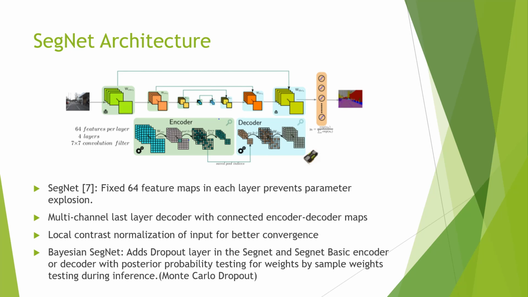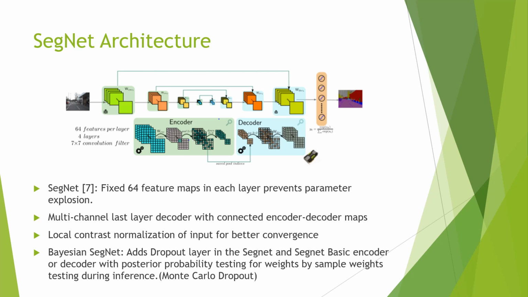The other variant, SegNet, has a fixed 64 feature maps in each layer, which prevents any parameter explosion in a layer. It is also to be noted that the last layer of the decoder is a multi-channel decoder with connected encoder and decoder maps and can generate RGB or RGBD features.